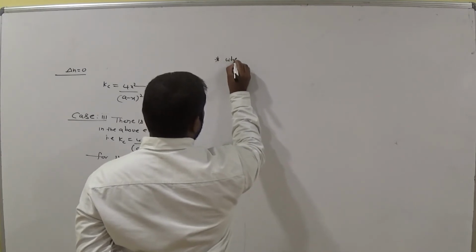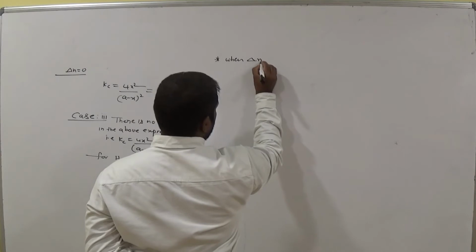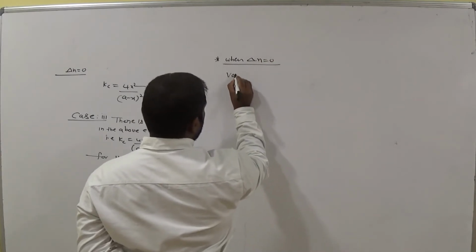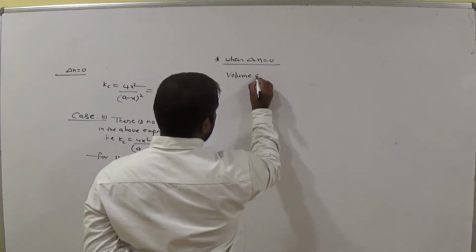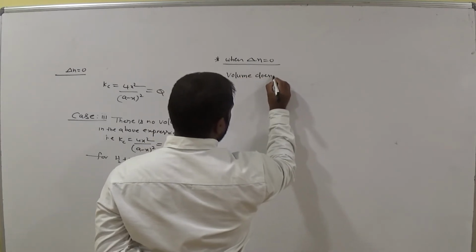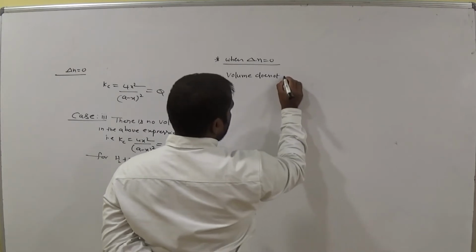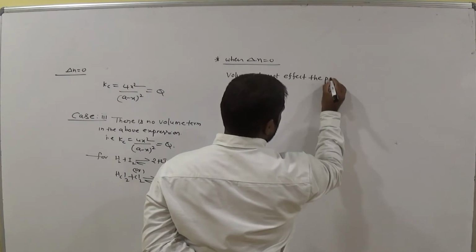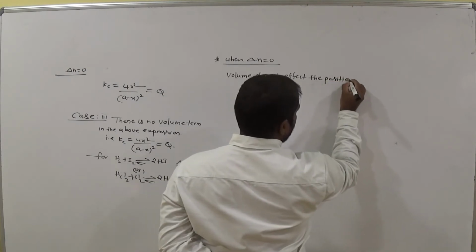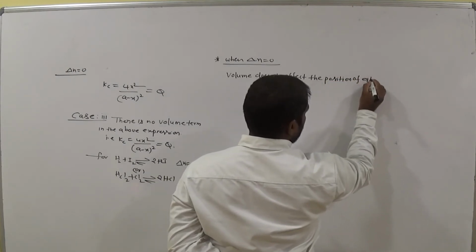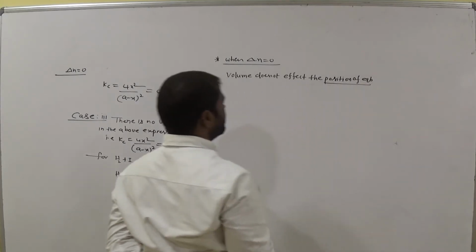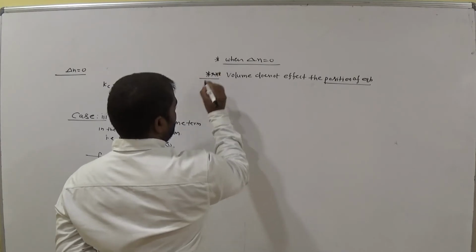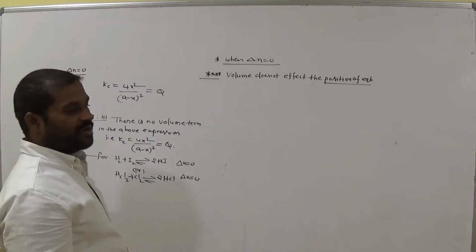So when delta n is equal to 0, then volume does not affect the position of equilibrium.